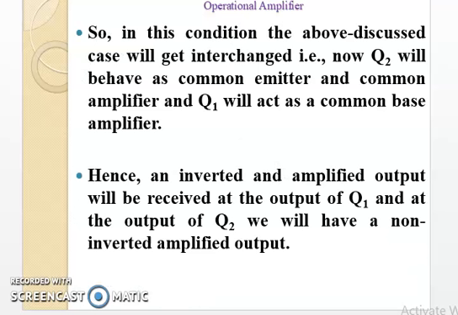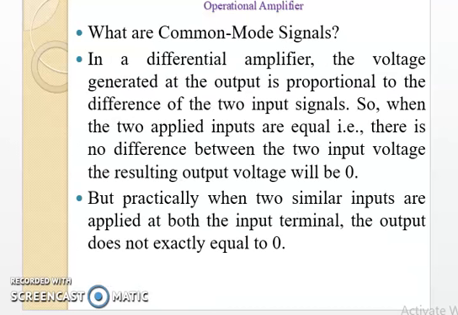We have seen the ideal characteristics: input impedance high, output impedance low. These are ideal, but in practice it's not possible. In the same way, practically when two similar inputs, the same inputs V1 and V2, are applied to both the input terminals of the differential amplifier, the output doesn't become 0.